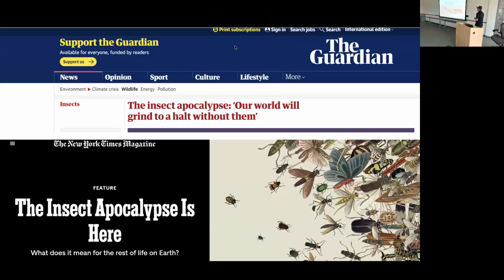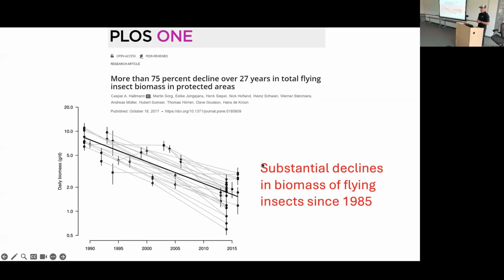So that idea first started, to me, with what still seems like a relatively recent study, but I think it is 7 or 8 years old now. This study was published in PLOS One and showed, using a series of trapping studies, that over the last 25 or 27 years, there's been a strong decline in the daily sampled biomass of flying insects.